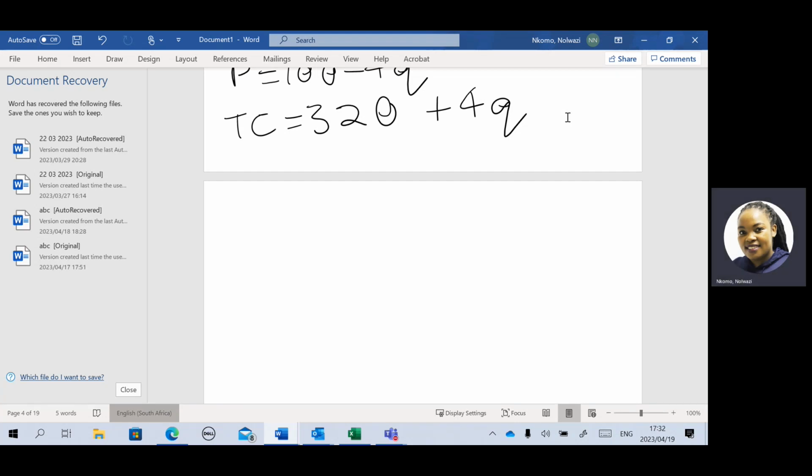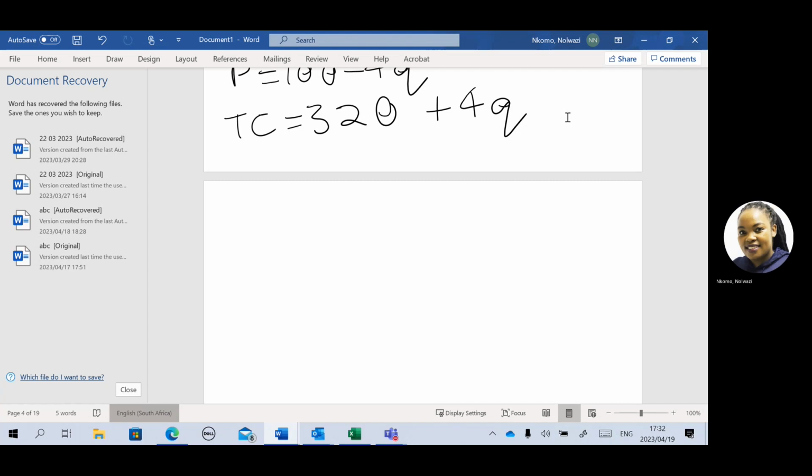The profit can only be made when the total revenue is greater than the total cost, and the company will have a loss when the total cost is greater than the total revenue. Let's find the break-even points.